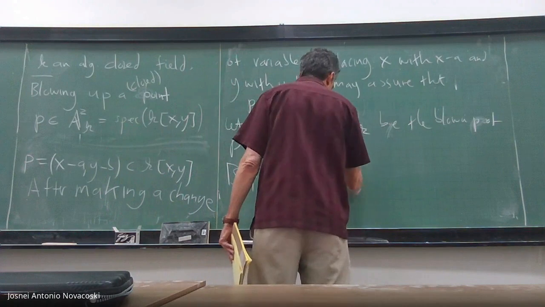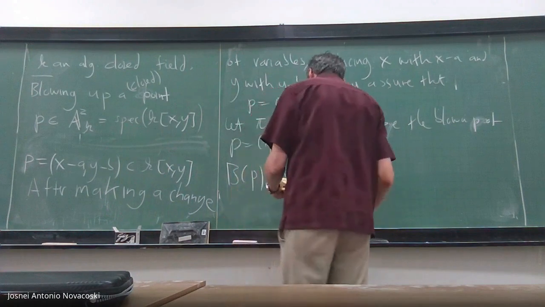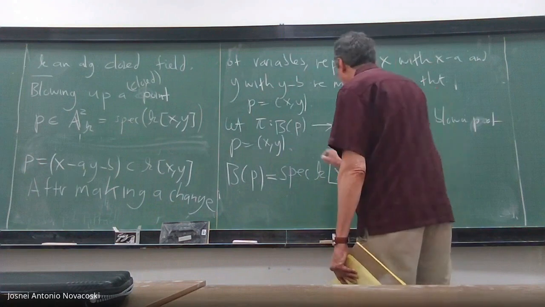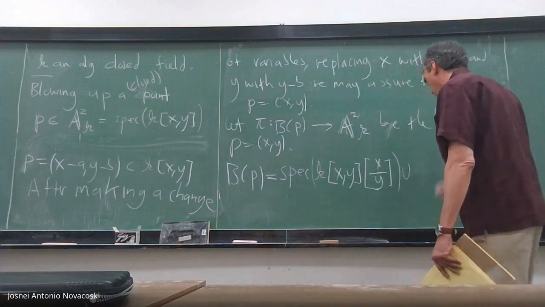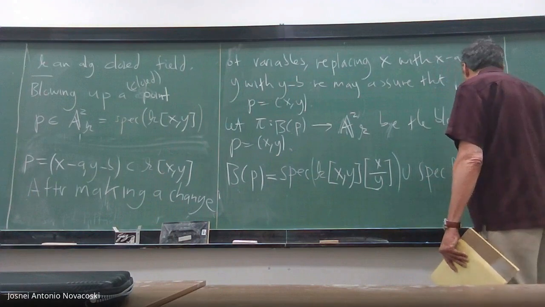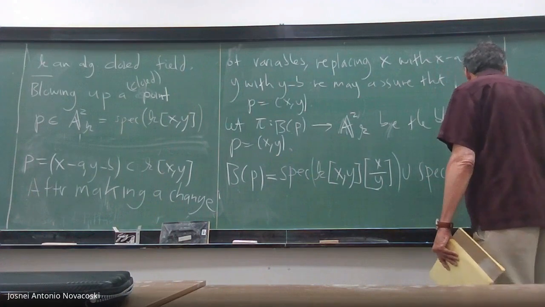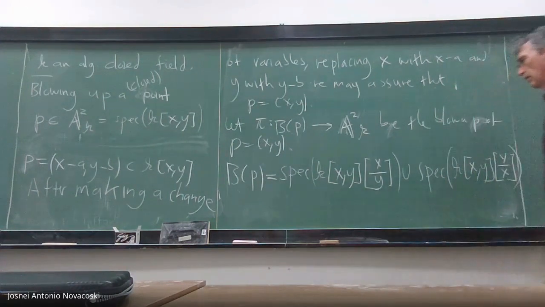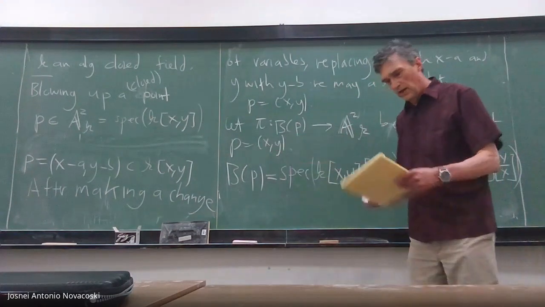It'll be spec of K[x,y][x over y], union spec of K[x,y][y over x]. That was the formula, this is the f1 and the f2.